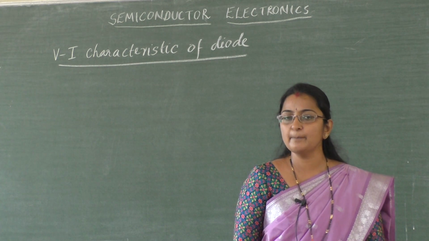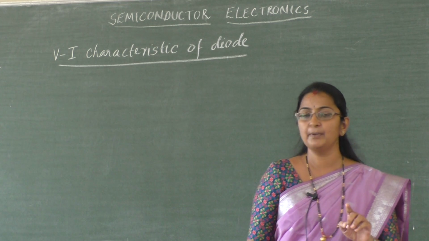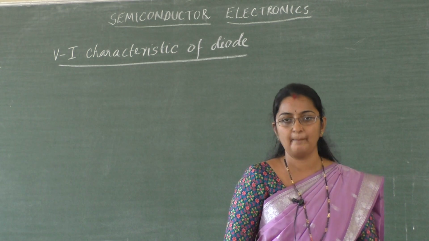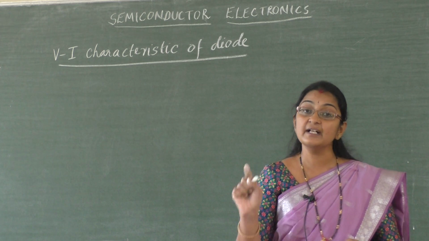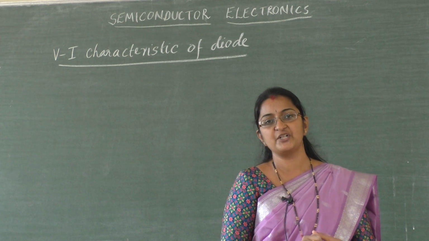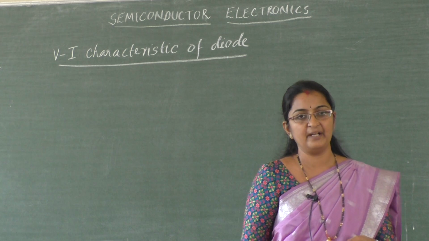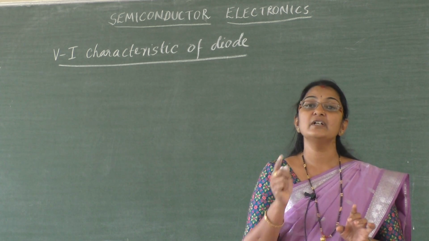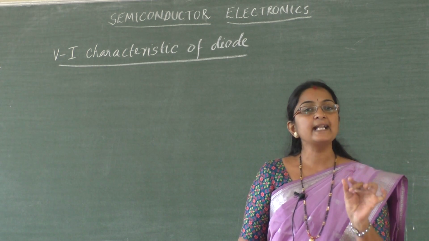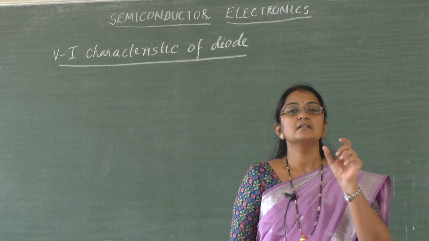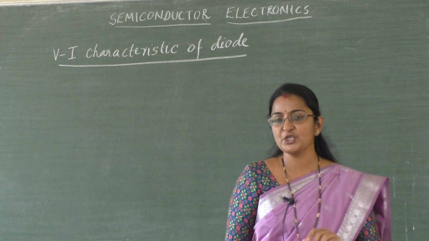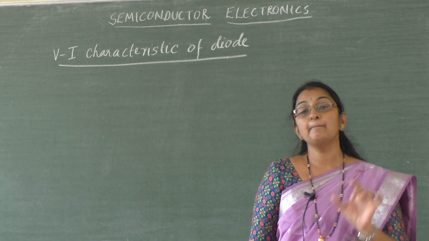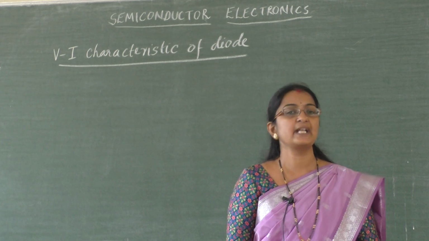What is this forward bias? When P side of the diode is connected to positive terminal of the battery and N side is connected to negative terminal of the battery, then it is said to be forward bias. What happens during this time? The forward resistance decreases and the barrier potential also decreases, and also the depletion layer's width decreases.